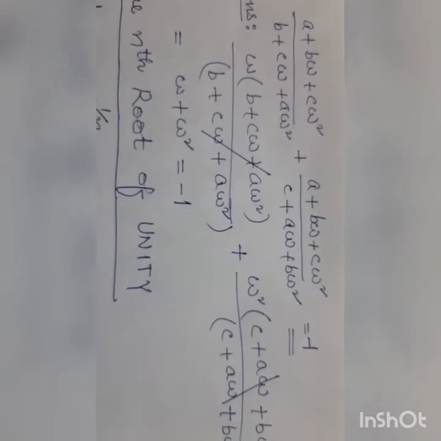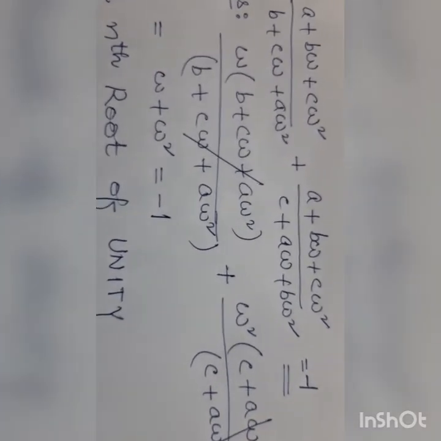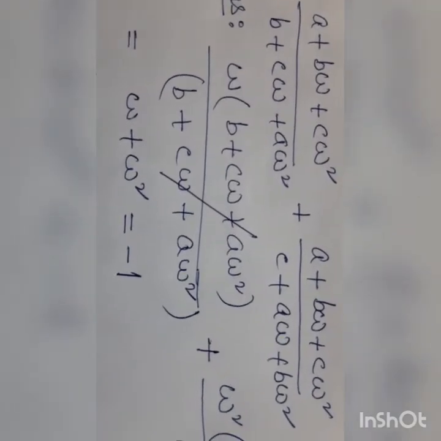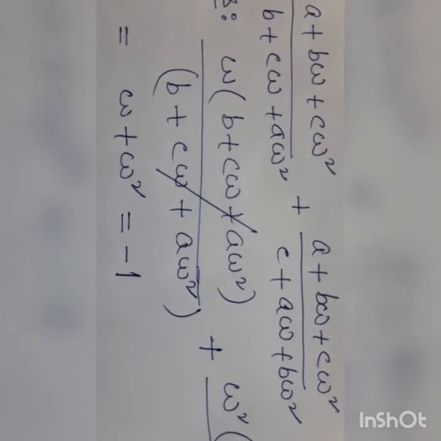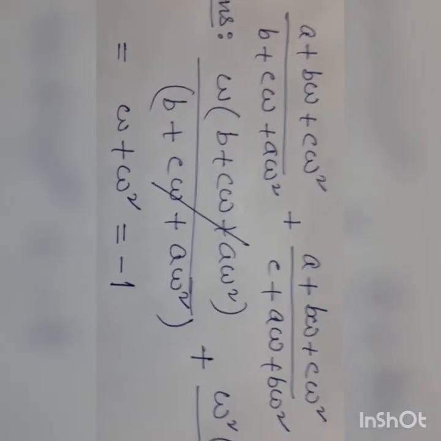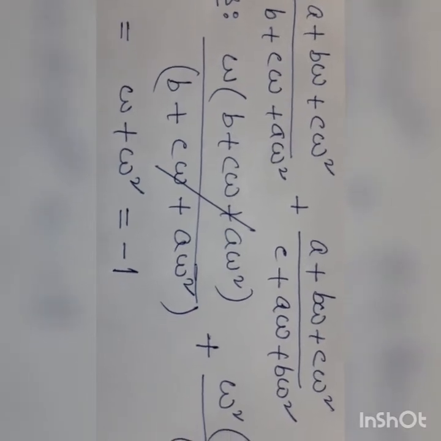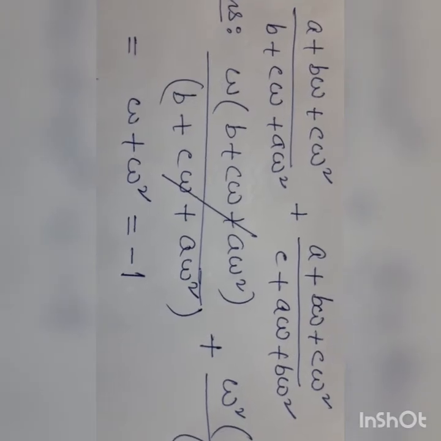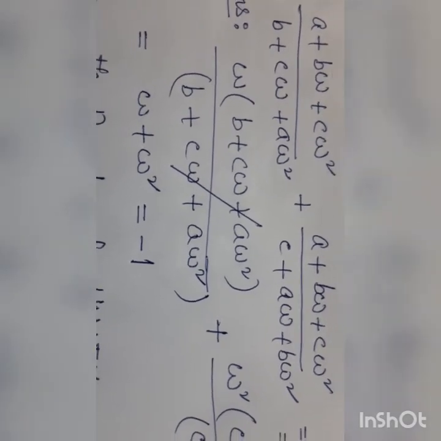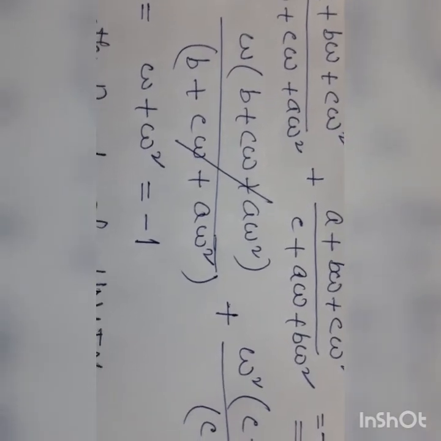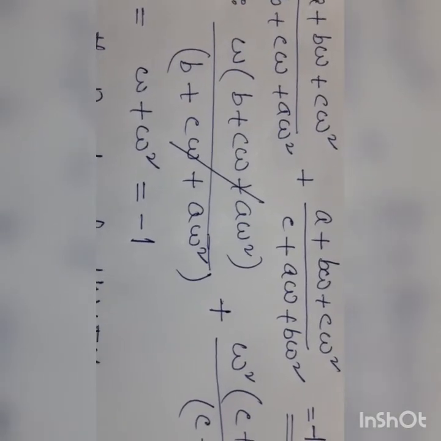So a plus b omega plus c omega square can be written as omega of (b plus c omega plus a omega square), whole by the denominator. We don't change the denominator b plus c omega plus a omega square, because we have changed the numerator into the form of the denominator. So the denominator and the numerator get cancelled.